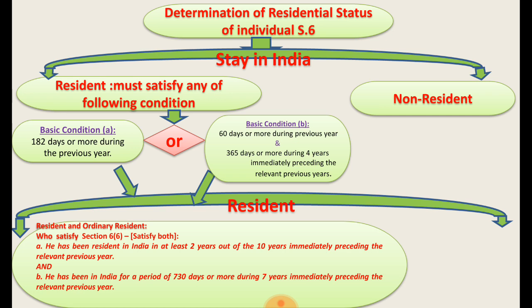So when that person is declared a resident and ordinary resident: when that individual satisfies both conditions mentioned under section 6 clause 6, then that person will be considered a resident and ordinary resident. So we must see which are those two conditions. The first condition is he has been a resident in India for at least 2 years out of the 10 years immediately preceding the relevant year.